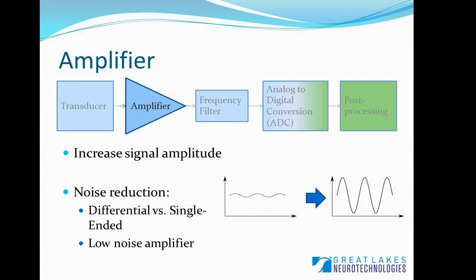There are 2 points to note as far as reducing noise in the amplification stage. First is whenever possible, if you can use a differential over a single-ended amplifying mode, this will help the rejection of common mode signal.